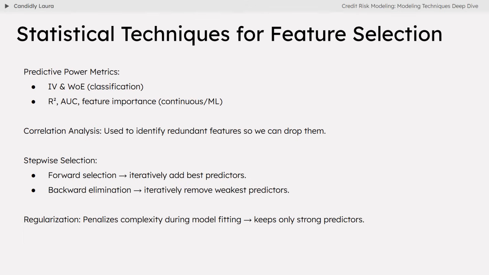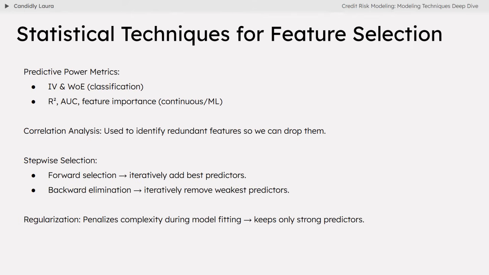Backward elimination is starting with all the features and iteratively removing the feature that least impacts the model performance. By doing stepwise selection, redundant features are unlikely to be chosen as they will not provide improvements to the model performance.